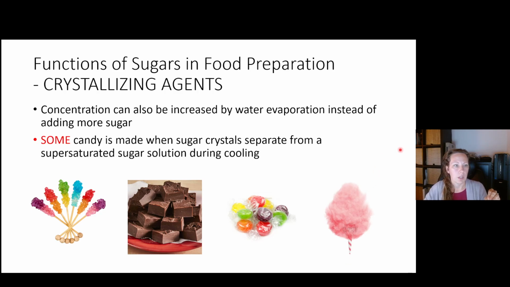Okay, so some candy, and this is a little different from the book. I think the book might even say all candy, but not all candy. Some candy is made when sugar crystals separate from a supersaturated sugar solution during cooling. So rock candy, which is what we're basically making this week in lab, is made by slowly allowing large crystals to form in a supersaturated solution.